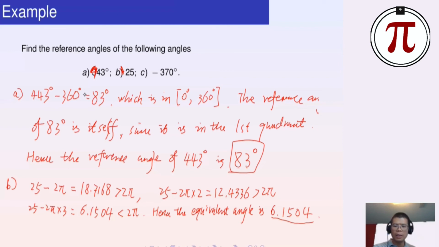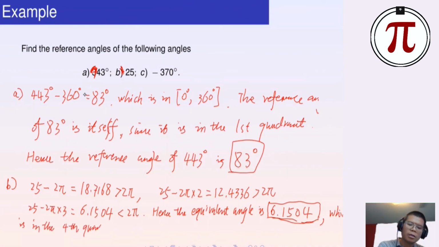Now, which quadrant is this in? That would be the fourth. This one is 6.15 and it's greater than 3 pi over 2, so it is in the fourth quadrant. So the reference angle is 2 pi minus 6.1504, very good.